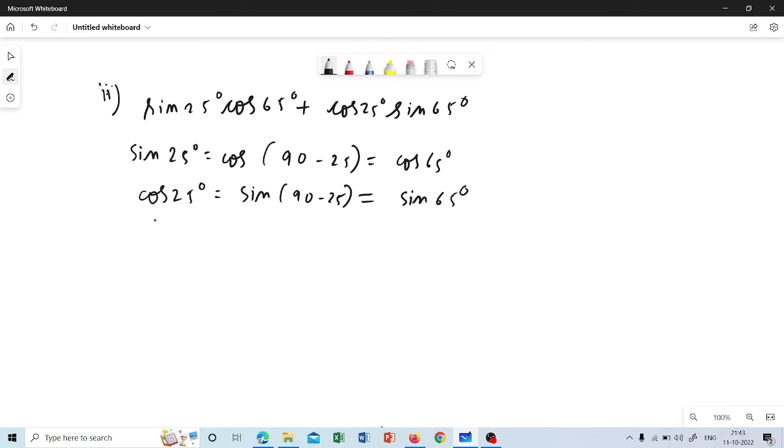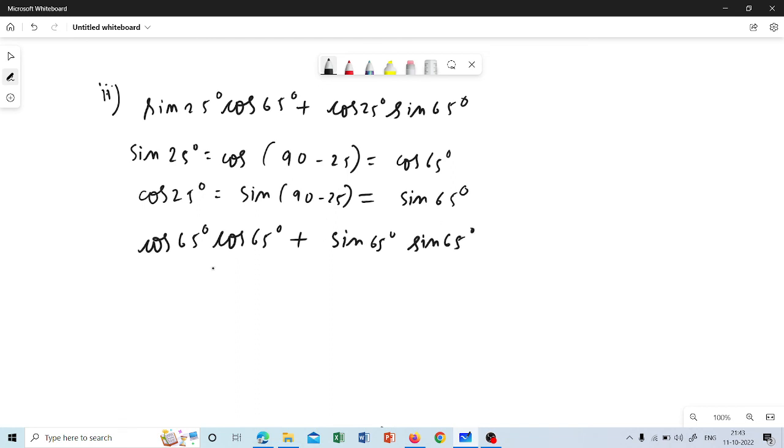So if I substitute this in the above question, instead of sine 25, I'll write cos 65 into cos 65 degrees, plus, instead of cos 25, I'll put sine 65 into sine 65.